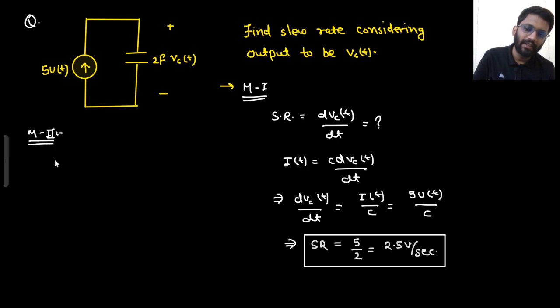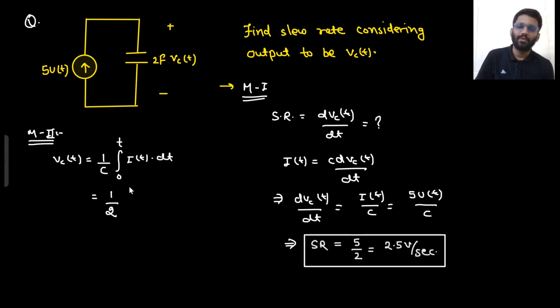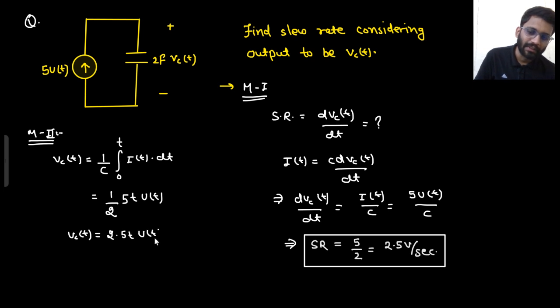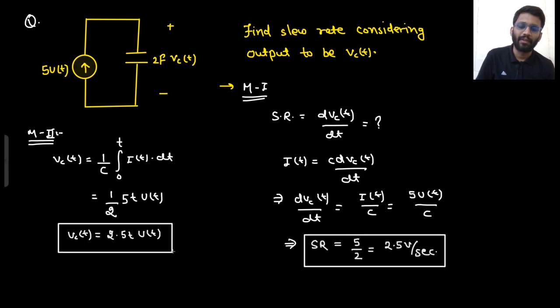So what is your VCT voltage here? VCT voltage is 1 by C integration from 0 to T of IT dt. The current is constant, so you can take it outside. 1 by C is 1 by 2, so it would be 5t ut. Or you can write your VCT would be 2.5t ut.